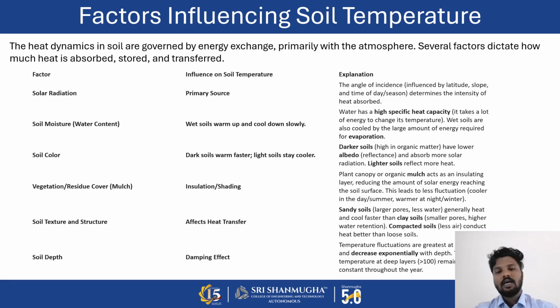So vegetation acts as insulation or shading material for soil temperature exchange from the atmosphere to soil. Plant canopy or organic mulch act as an insulating layer, reducing the amount of solar energy reaching the soil surface. This leads to less fluctuation, I mean cooler in day and summer and warmer at night and in the winter season.